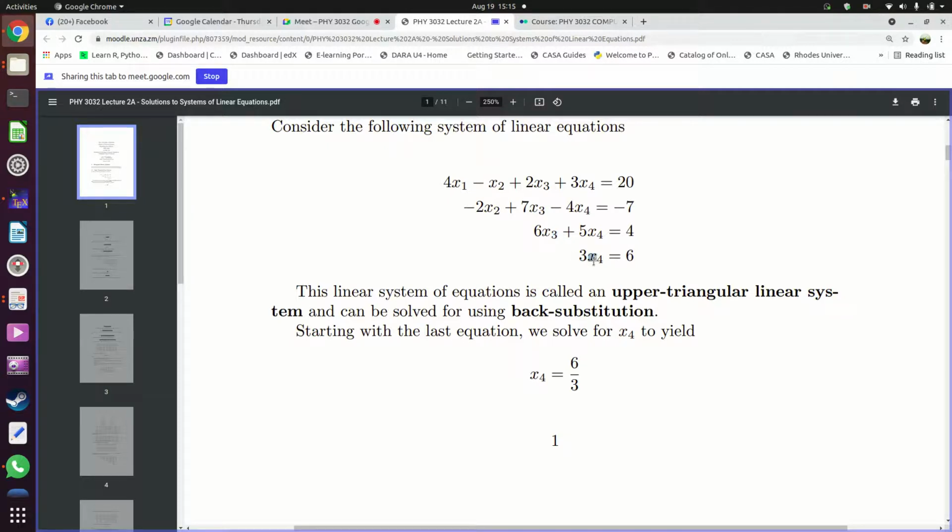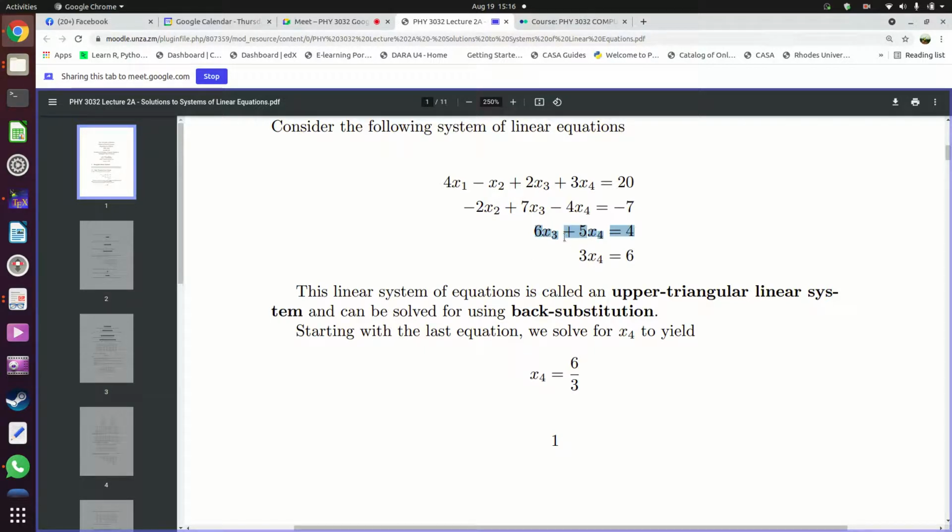So you start with the bottom here. Then the values you find, you substitute back in the equation above the equation you've worked out. So when we find x3 and x4, we're going to substitute them where there's x4 and x3 so that we can find x2. Then once we have the values of x2, x3 and x4, we'll substitute them here, here and there so that we can find x1.